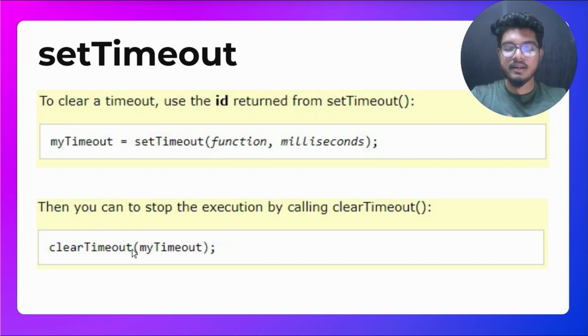For now, just remember it as a variable in which the setTimeout logic is stored. If you want to stop the execution of setTimeout, simply write clearTimeout and pass this variable as the parameter. Clear everyone?